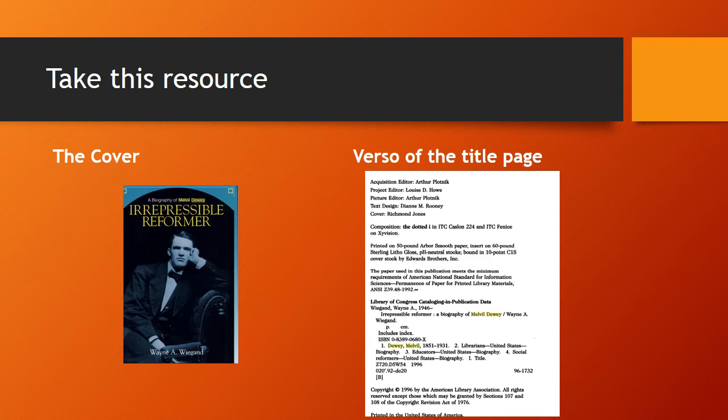And we know what the subtitle is. It's in small letters. So even though it's not on the bottom of Irrepressible Reformer, you could tell that this is a subheading of the main title. And we know who the author is.